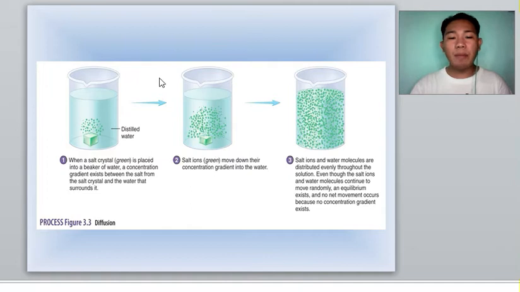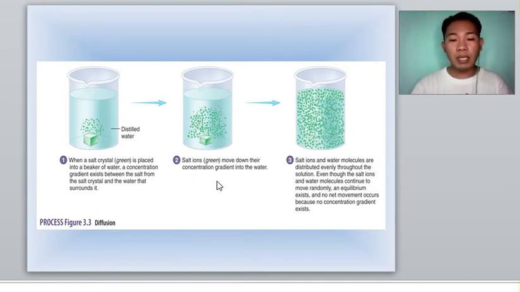This experiment will discuss further the concept of diffusion. For example, we have a container here with distilled water, and when we drop a salt crystal inside the container with water, a concentration gradient exists between the salt from the salt crystal and the water that surrounds it.